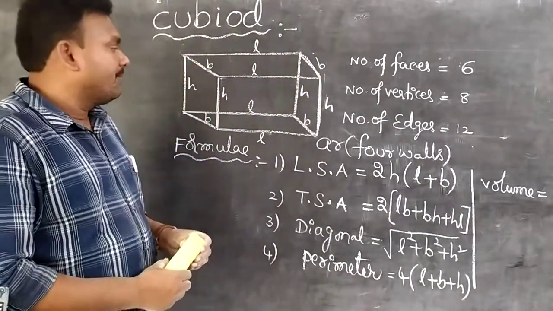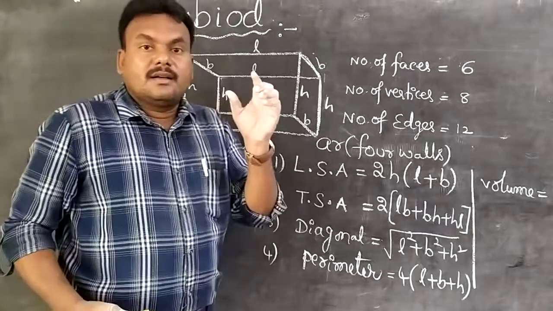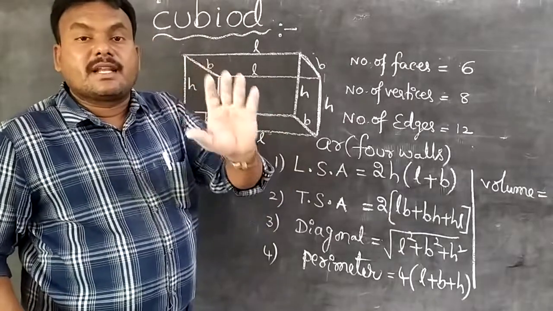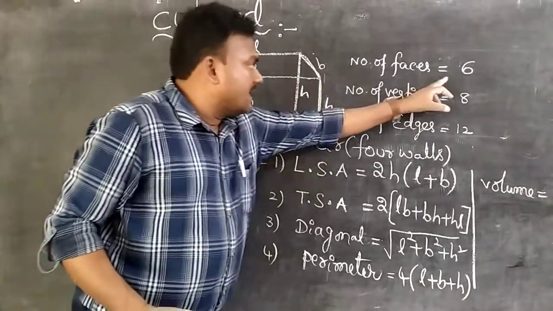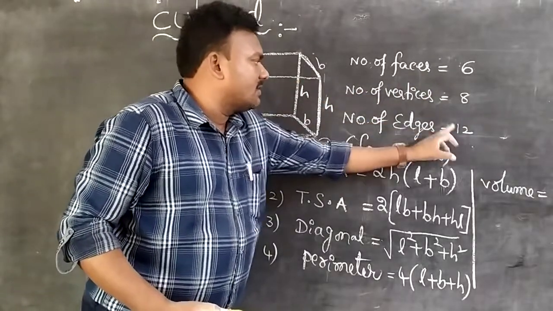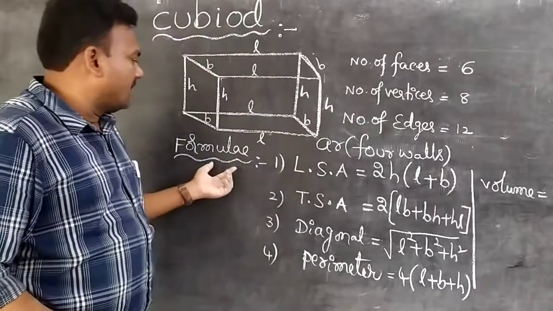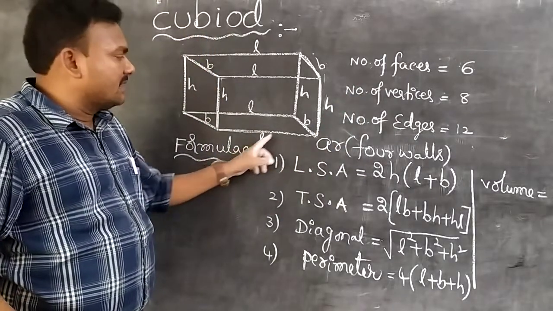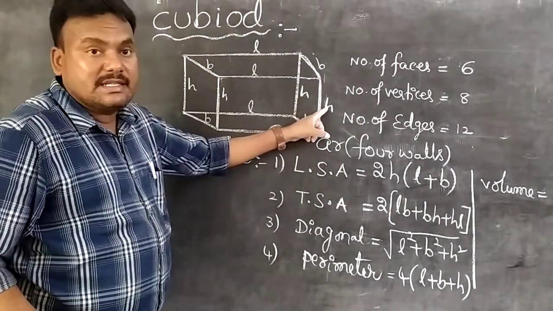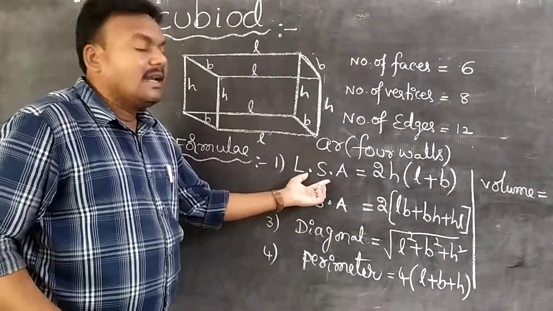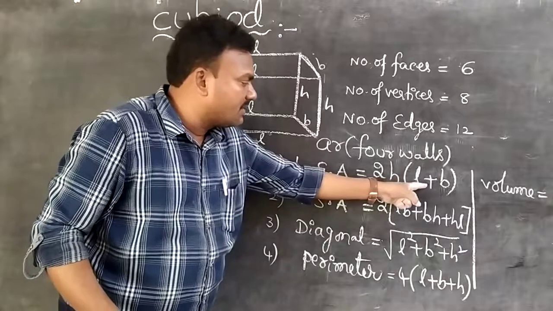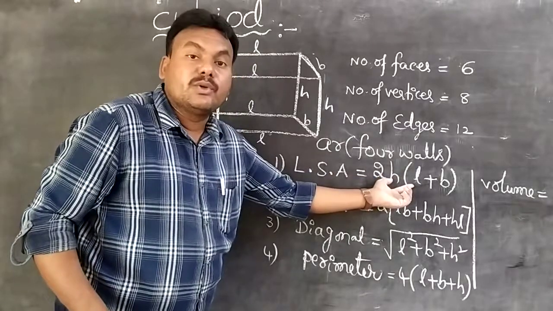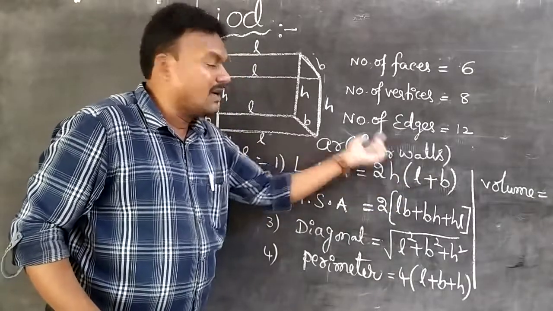Once I repeat. A solid figure which has 6 rectangular faces is called a cuboid. A cuboid has 6 faces, 8 vertices, 12 edges. Observe the formulas. Here, L for length, B for breadth, H for height. First one, LSA, lateral surface area: LSA equals 2H of L plus B. This formula is also used as area of four walls.